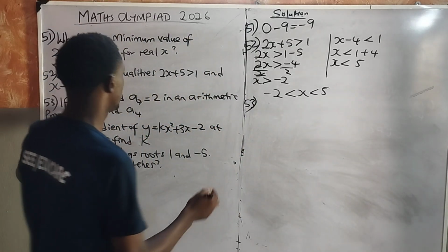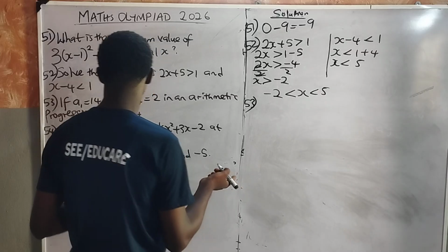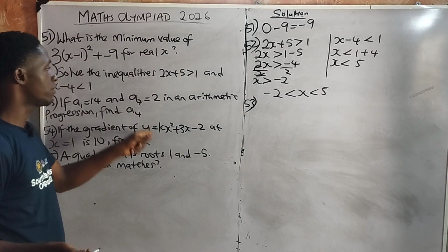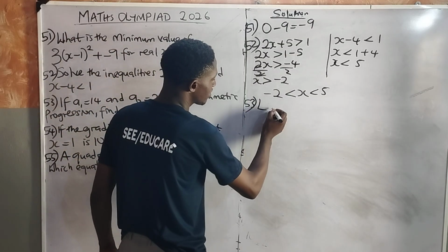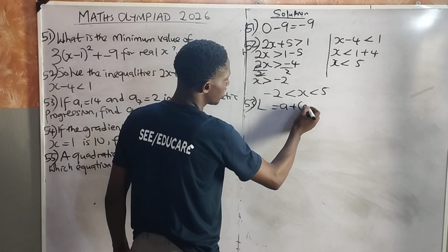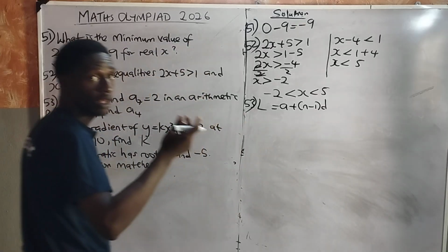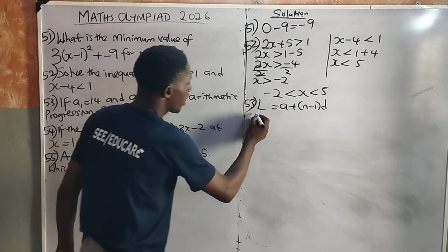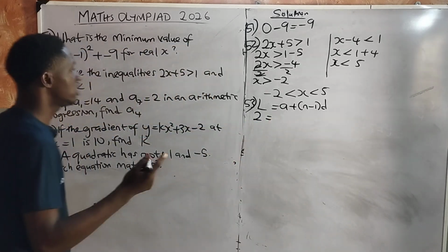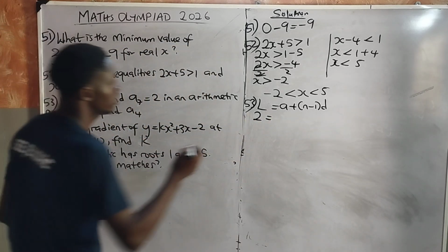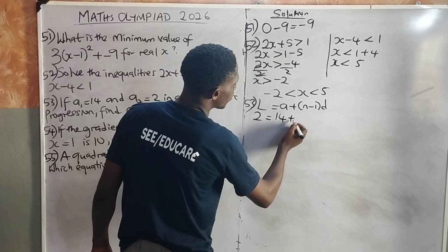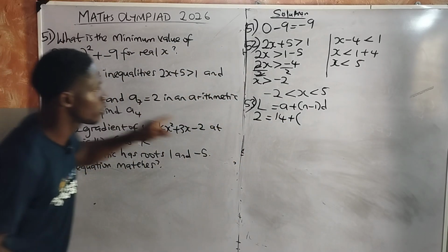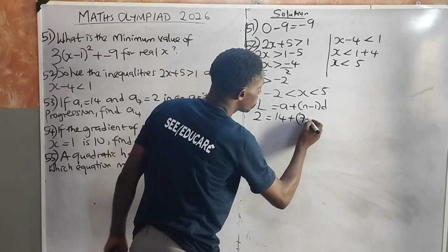Number 53. If A1, the first term, is 14, and A7, which is the last term, is 2, find A4. There's a formula that the last term is equal to A plus bracket n minus 1 D in your arithmetic progression. The last term, which is A7, is 2, so we have 2 is equal to A, the first term, which is 14, plus, remember that this is the last term, at the 7th term, so our n is 7, 7 minus 1.